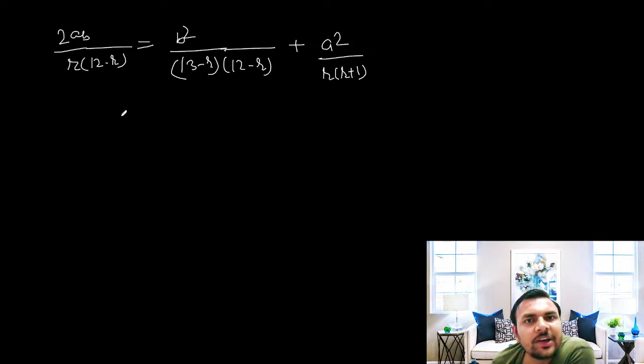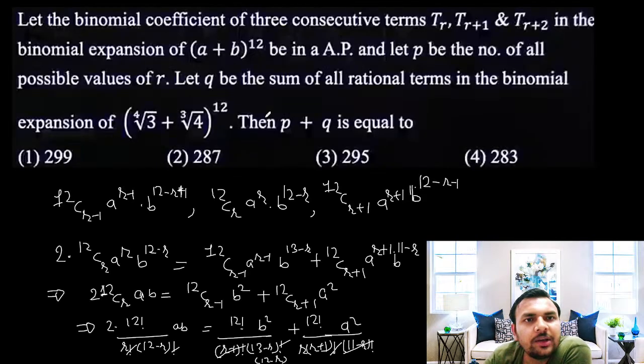So what should be the trick? If this is 1, this is 1, this is 1, b equal to a. If we put a plus b equal to 1, can it work? A equal to b equal to 1, a plus b, it is 2 to the power 12.